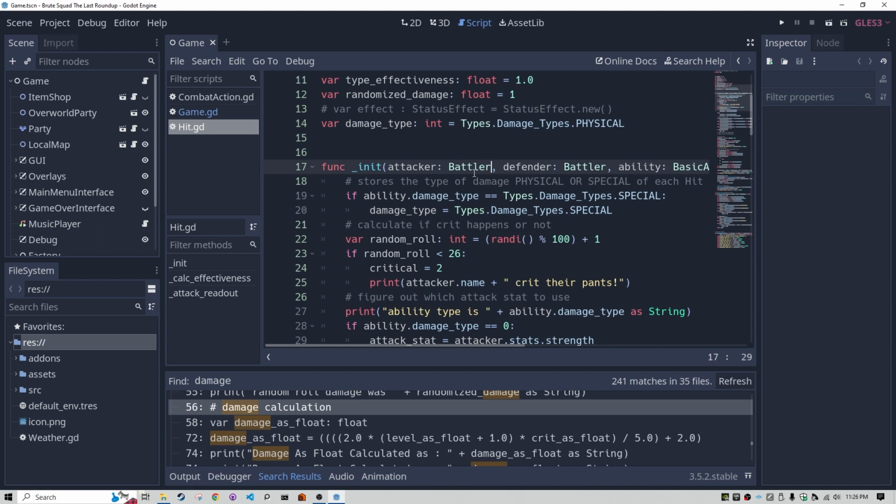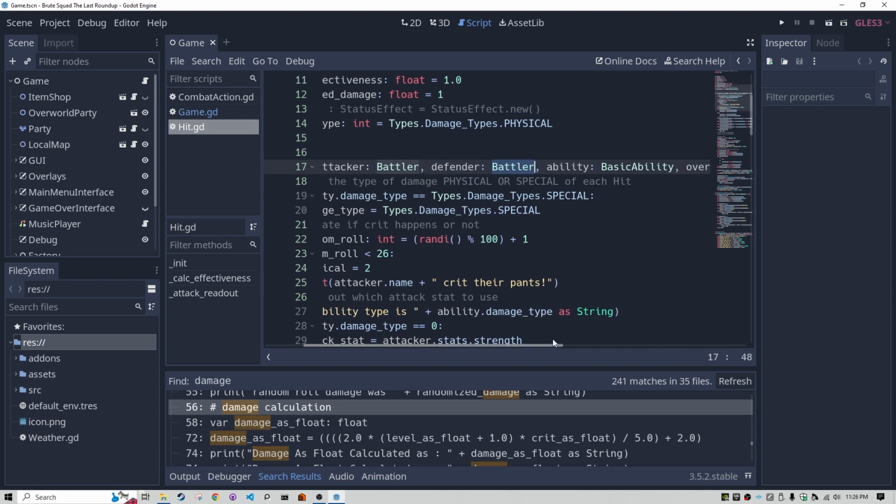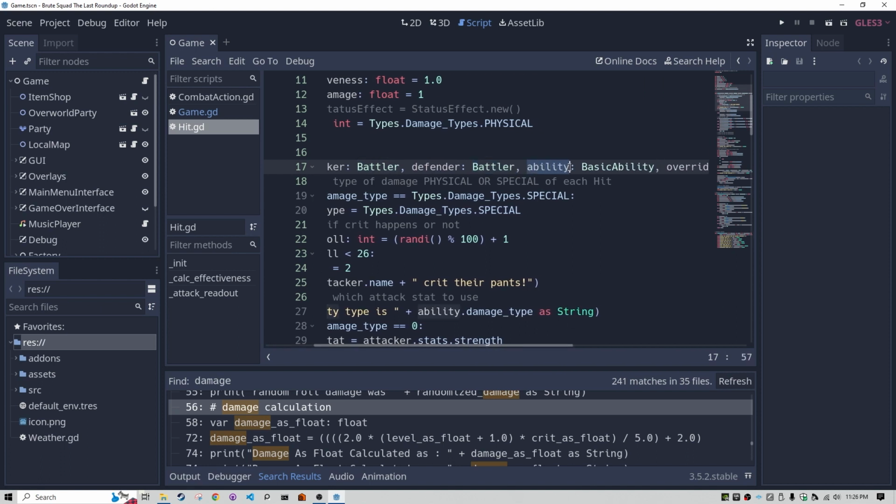But for now, just understand that battler is a special type that is specific to our game. So we take one parameter named attacker, which is of type battler. We take another parameter called defender, which is also of type battler. Then we take a parameter called ability, which is of another custom type that we have called basic ability.